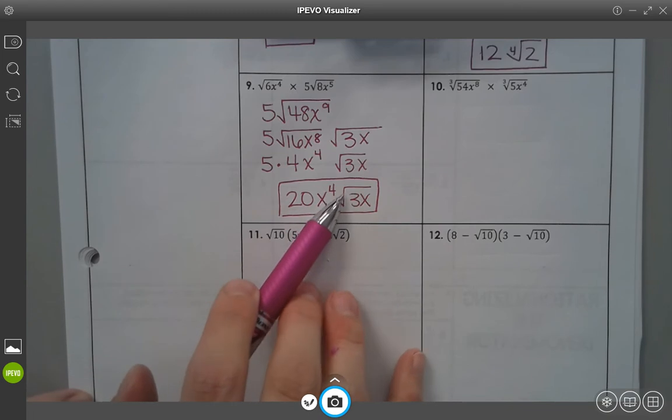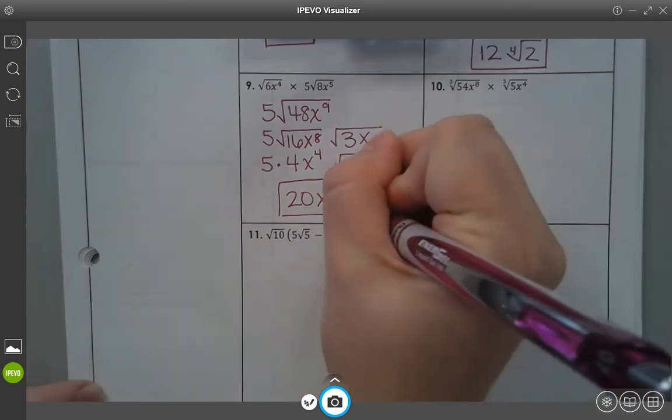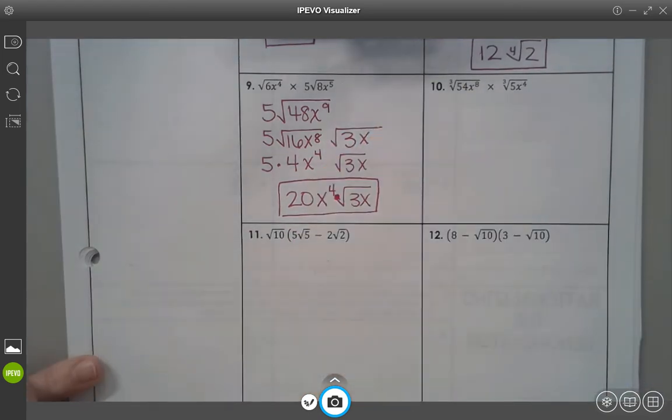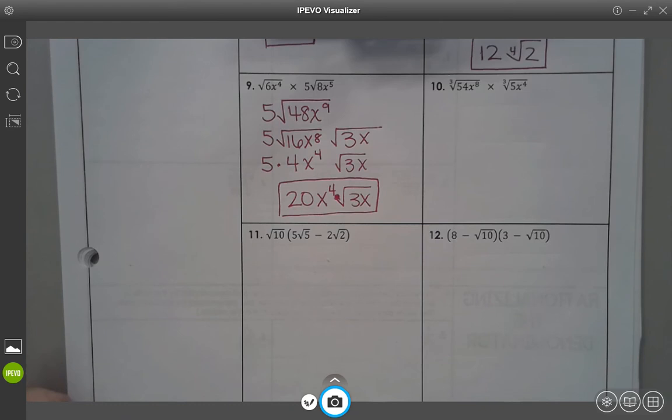And I really should have done better here. I should have put a multiplication symbol there or an extra space because that almost looks like the 4th root. So be very cautious and make sure you're writing neat.